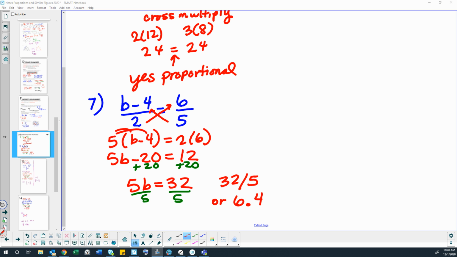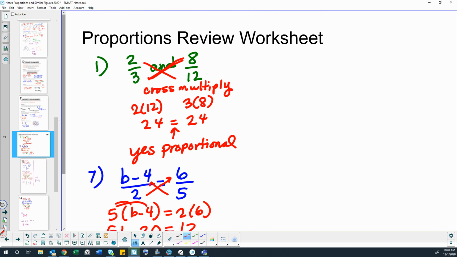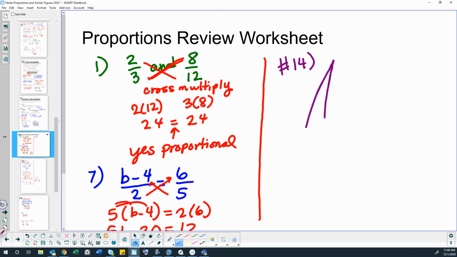All right, we're going to go ahead and look at question 14. Just going to sketch a picture here. So number 14 has a couple of really weird shapes. So see if I can sort of sketch them.